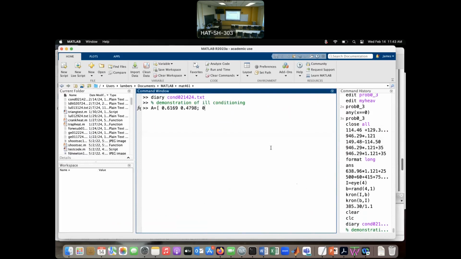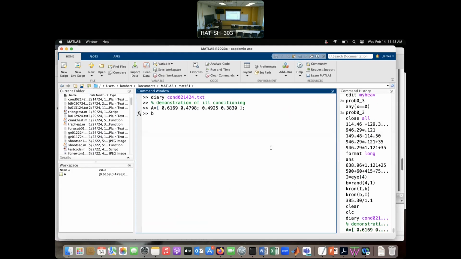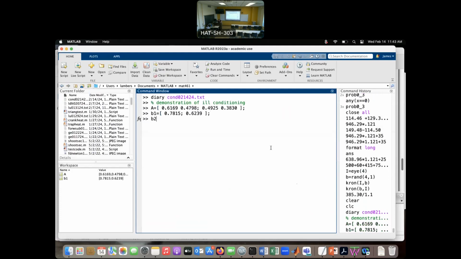The entries might seem random, but they're not. I'm going to create 2 right-hand side vectors. Make sure I'm typing these in right. Okay. Another one.